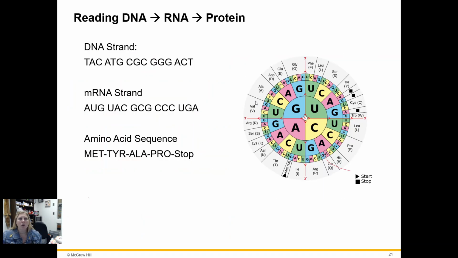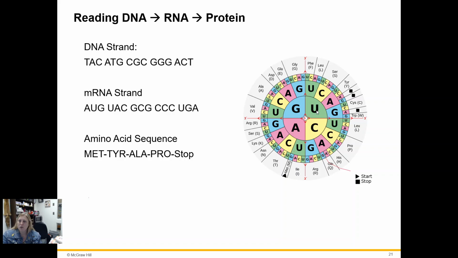Okay, so here is my normal sequence. I have a DNA strand of TAC, ATG, CGC, GGG, ACT. Okay, my RNA that binds to that is AUG, and if I go over to my circle here, A is in the middle, and then I follow it to the U, and then to the G, that codes for methionine, so that's my start codon.